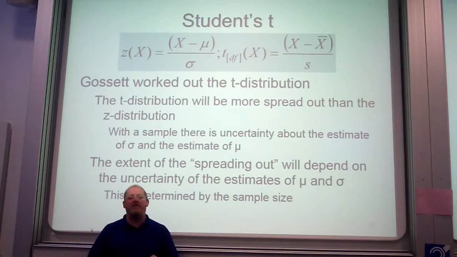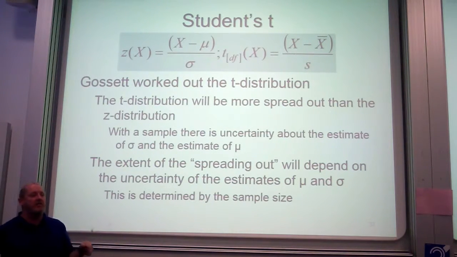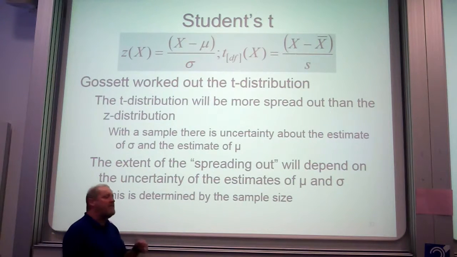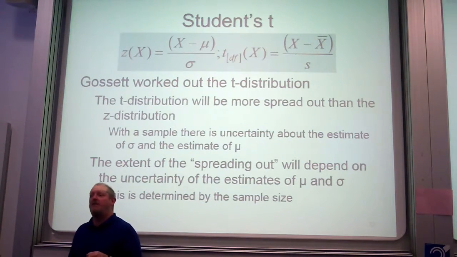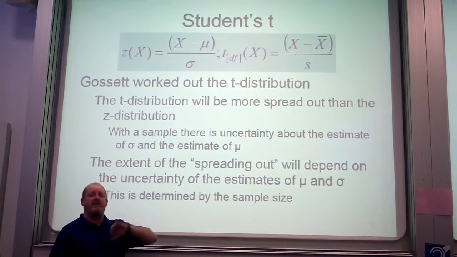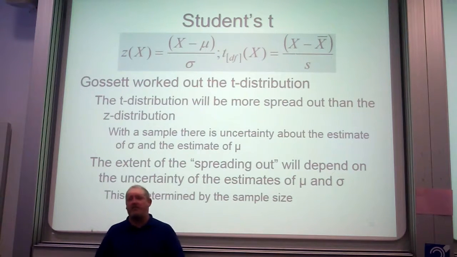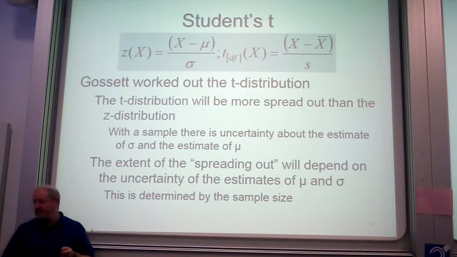Because they're estimates, there's uncertainty, particularly about the standard deviation. And that uncertainty, the variability, what's the standard deviation, means that the distribution we have is no longer a Z distribution. It's the T distribution, and that's what Gossett worked out, the guy from Guinness.